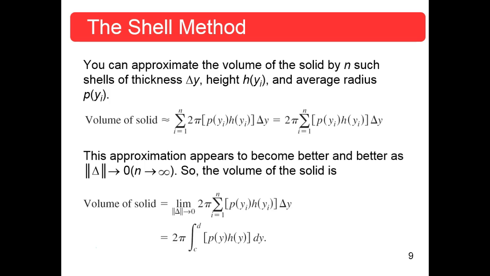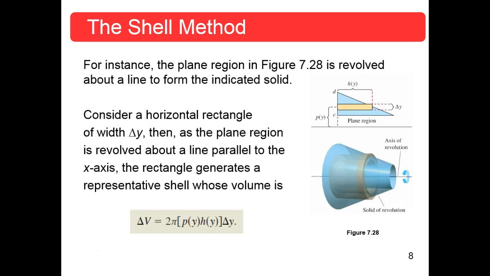Okay? So this is what you get, and when you take the limit as your deltas are getting smaller and smaller, meaning the n is going to infinity, the volume of the solid would be 2 pi times the integral from c to d. Those, by the way, are your limits on the y, from c to d. That's the limit on y because that's what you do your delta y over.